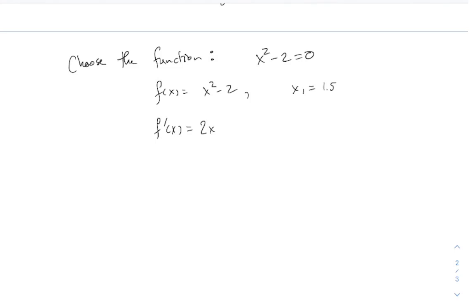Okay, let's plug it all in. I'm going to make a big list here. x1 is not very accurate, but that's our first guess. x2 is, I'll write the formula first, x1 minus f of x1 over f prime of x1. And you plug everything in. This is 1.5 minus, f of 1.5 is 1.5 squared minus 2, divided by 2 times 1.5.